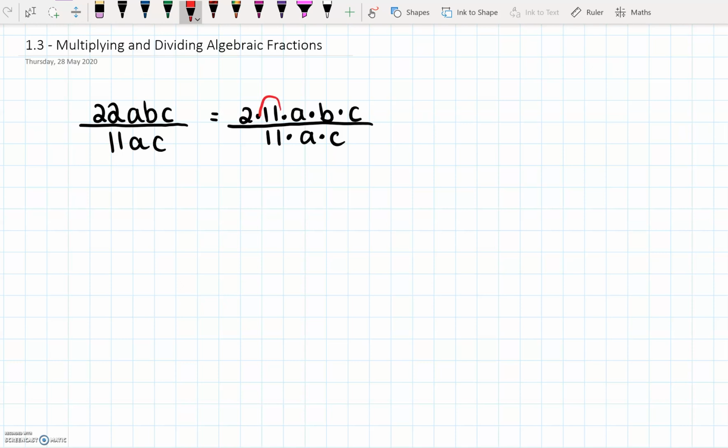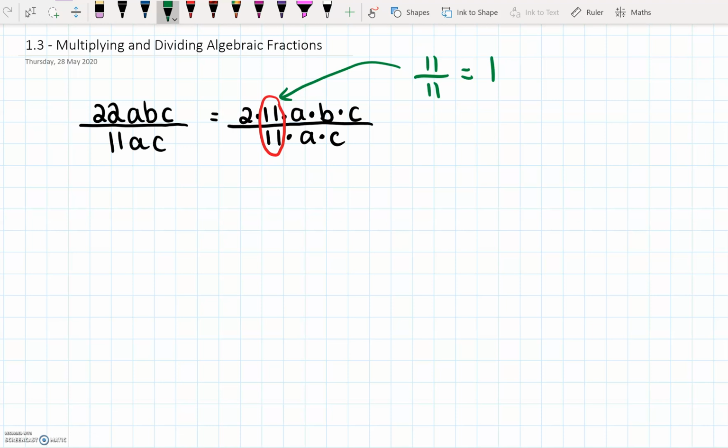So here with this 11 and 11, let's look at that first. You can see it's the same on the top and the bottom. There are multiplication marks in between each one. The reason we can do this is because 11 divided by 11 is the same as 1. So what we're actually doing when we cancel something is replacing it with a 1.